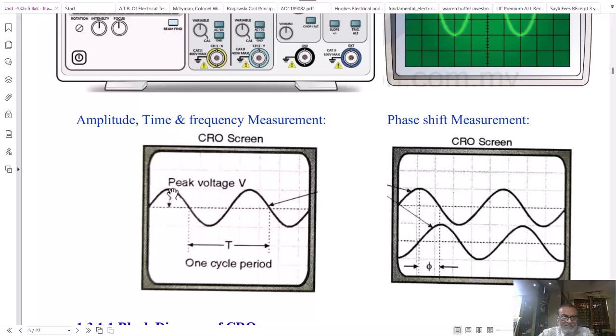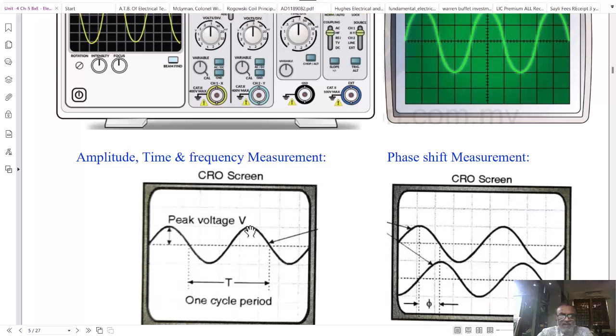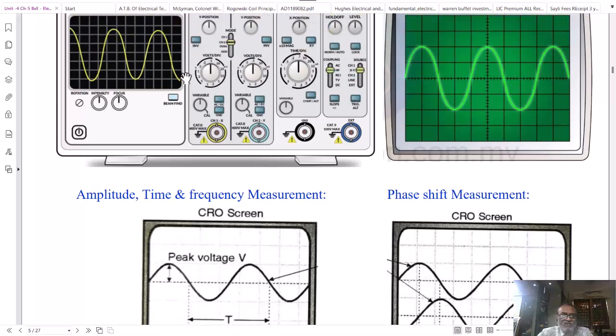Then this distance in terms of number of divisions is multiplied by the volts per division setting. That will give you the peak value of the voltage.